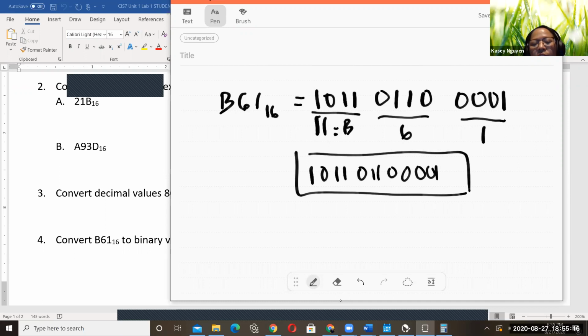A lot quicker than the division method, as you can see now, right, at the machine level. I think once you get the hang of binary, it's just super easy. So the way the computer sees this hex value, it's going to interpret it and say, oh, this is the binary equivalent. Any questions with 4?